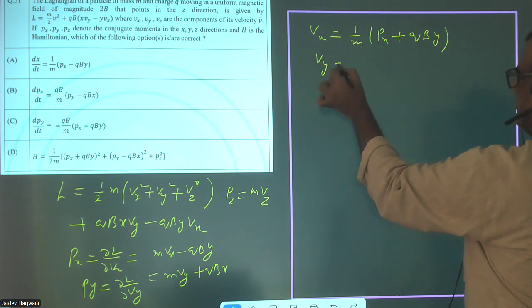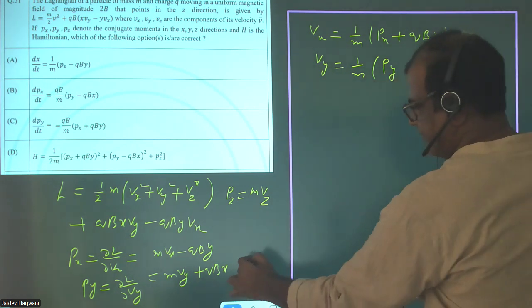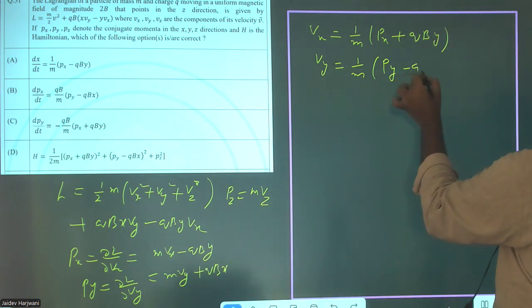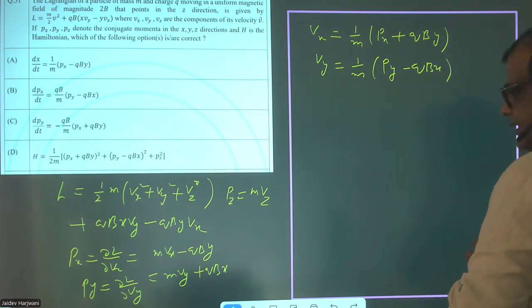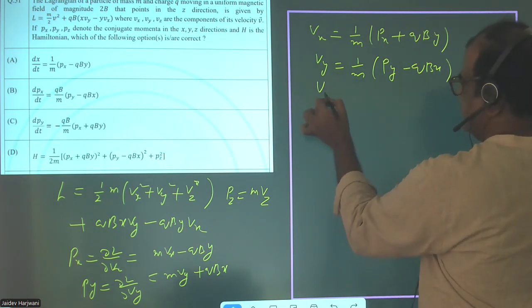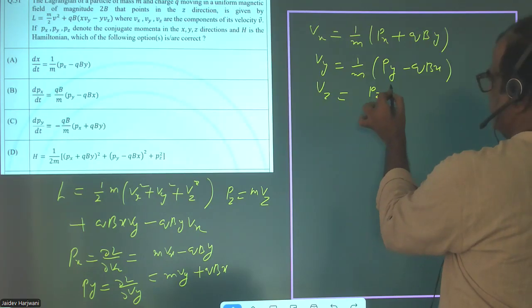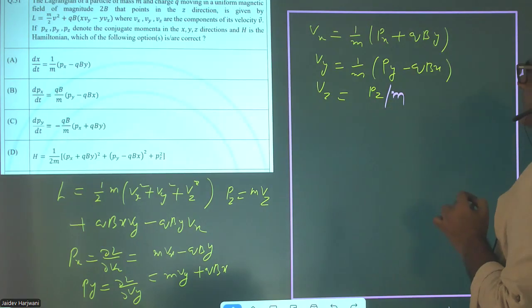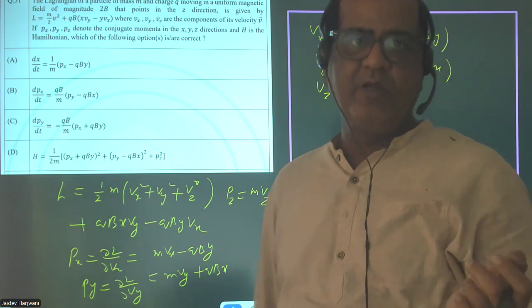Similarly, vy will be 1 by m (py minus q B x). And vz is simply pz upon m. So now I have vx also. Now we can write the Hamiltonian.